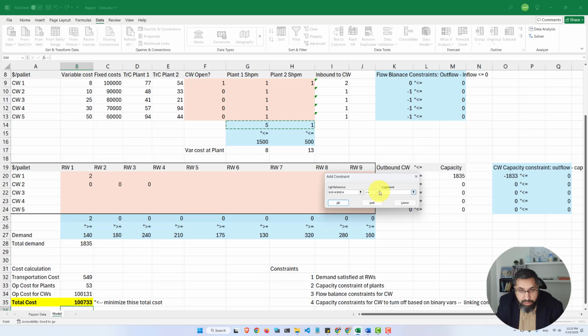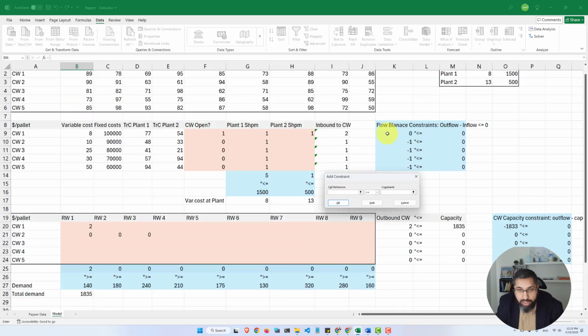These values for the plants have to be less than or equal to plant capacity. See, color coding helps me. I just go through all the blue areas, right? Add. Then my flow balance constraints: all of these cells have to be less than or equal to 0. I can just enter 0, or I can select these cells with zeros. Either way, it's going to work. And then all of these values have to be less than or equal to 0 as well.